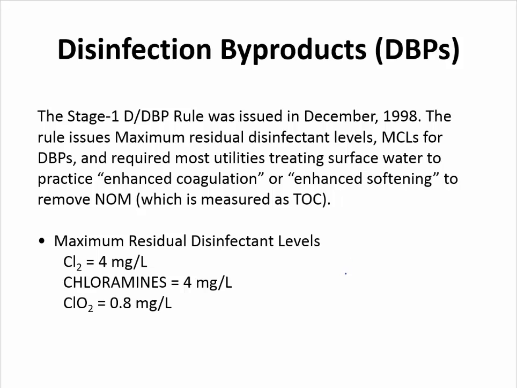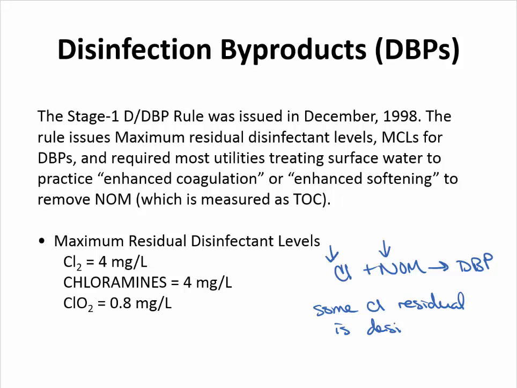In order to reduce DBP formation, because it forms when chlorine reacts with NOM, you either have to reduce the natural organic matter or you need to reduce the chlorine. Yet, some chlorine residual is desired. This protects the distribution system.